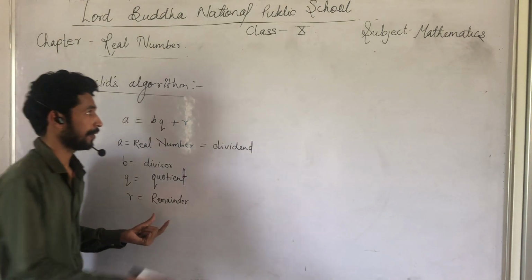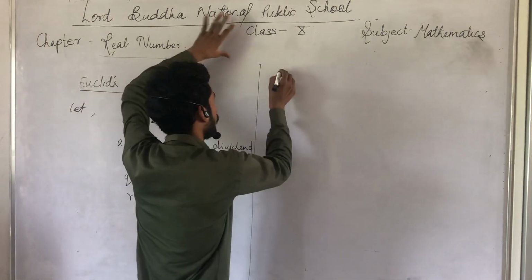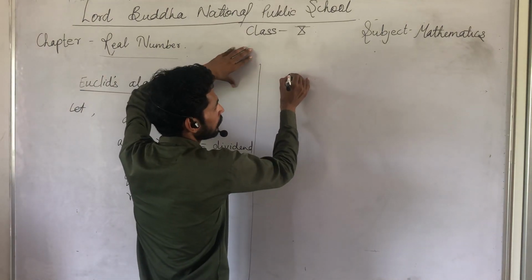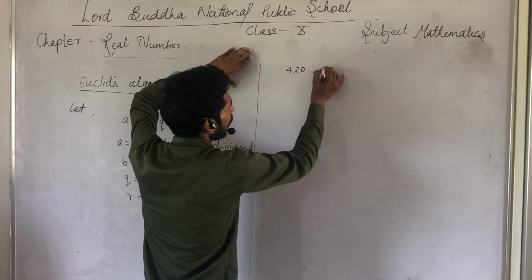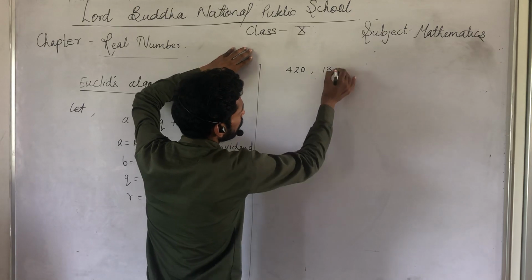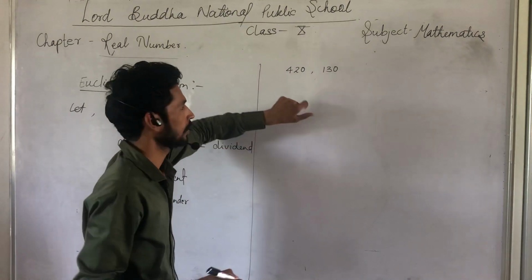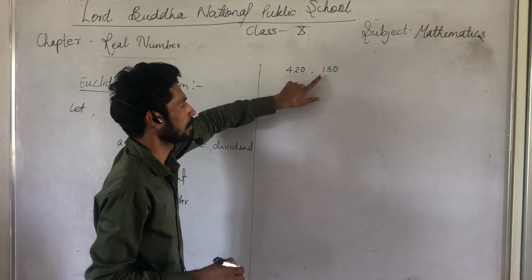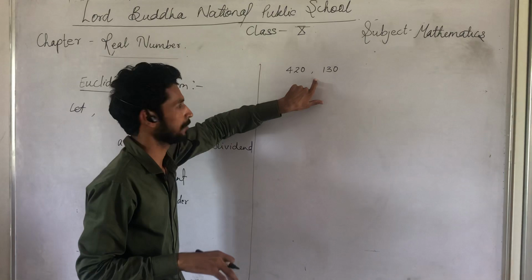For example, suppose 420 and 130 are two real numbers and we have to find a common factor, that means the HCF.